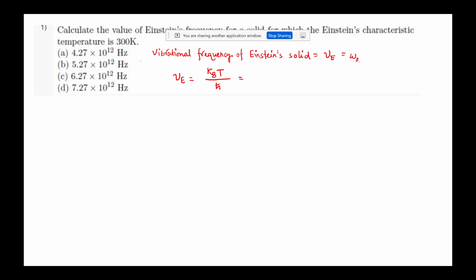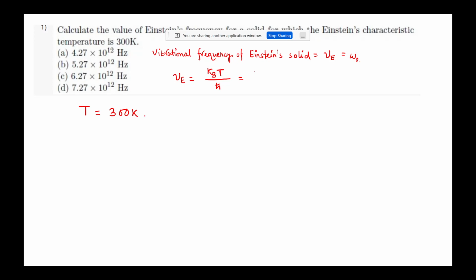Now, the temperature has been given as 300 Kelvin. Let me write it in another notation.